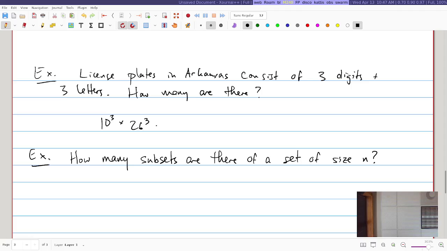Okay. Could we do the same product rule on each of the sides, like each of the sides up to n? No. I don't know what kind of choices you would be thinking of making.